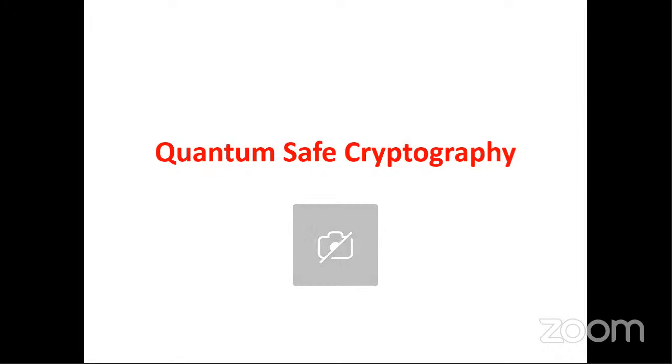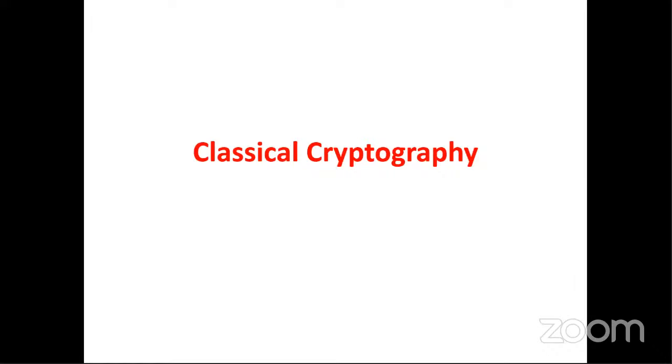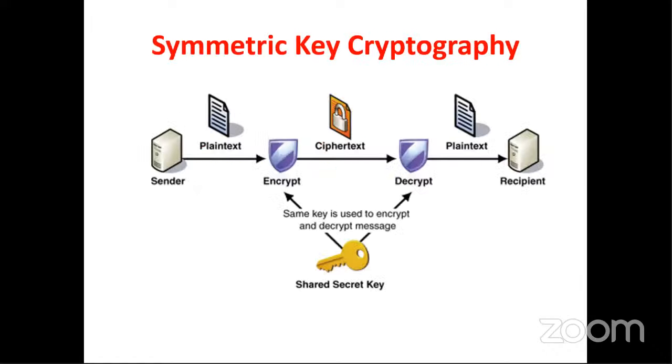So, today we will be covering quantum cryptography. In the last 2 days, we have seen Shor's and Grover's algorithm, and a little bit of the effect of these quantum algorithms on our classical cryptography. In classical cryptography, there is symmetric key cryptography, where the same key is used for encryption and decryption.